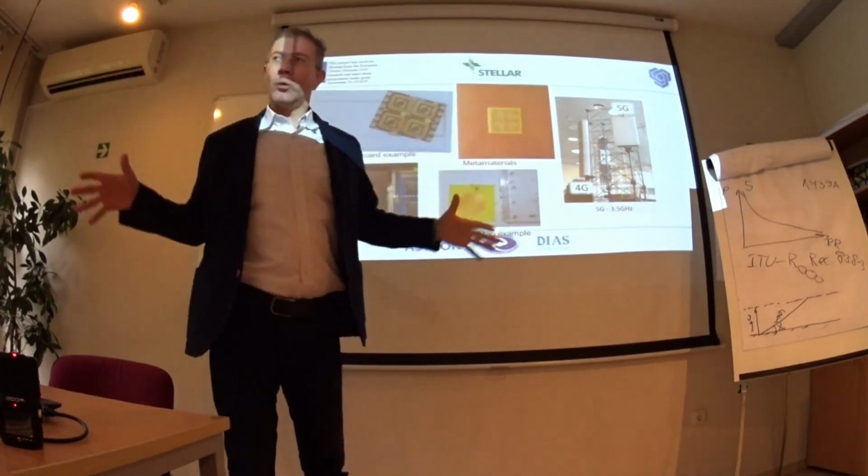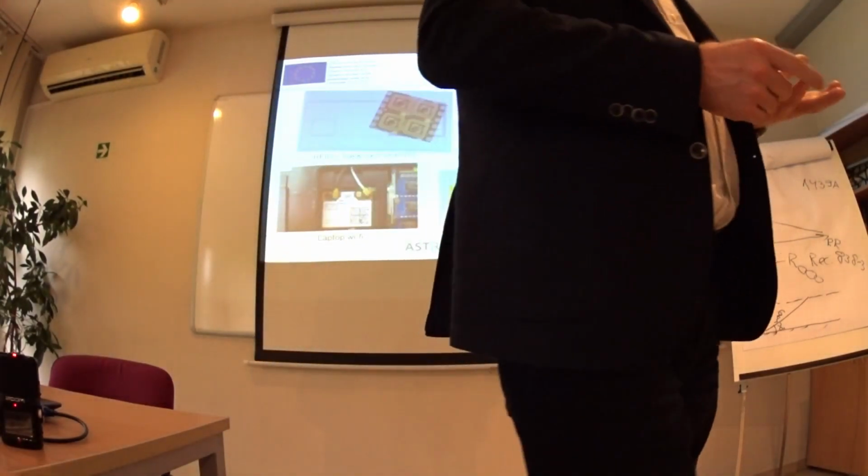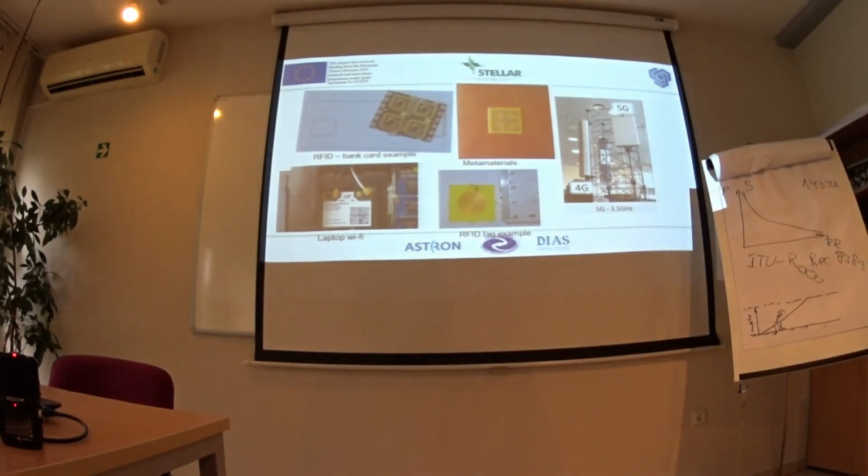All materials in the world have positive electric permittivity and magnetic permeability, unless these human-made artificial materials which have negative permeability or permittivity. But this is happening only in very narrow frequency bands. They are not broadband materials. They work very well in a very narrow frequency band.